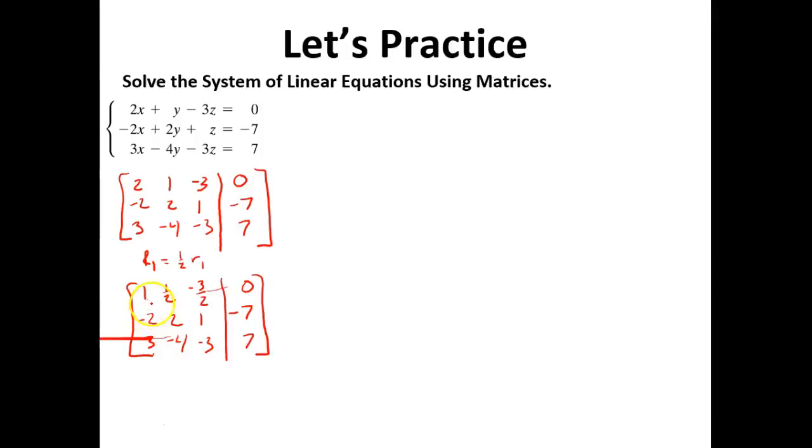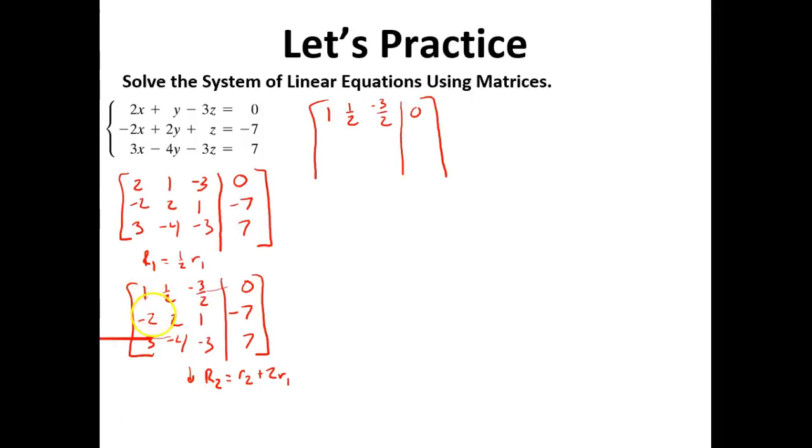Now I want to focus on getting zeros below this. So my next step in the process, I'm going to take row 2 and replace it with row 2 plus 2 of row 1. When I do that, the matrix that I get, I'm not changing the first row, so that's staying the same: 1, 1/2, -3 halves, and 0.